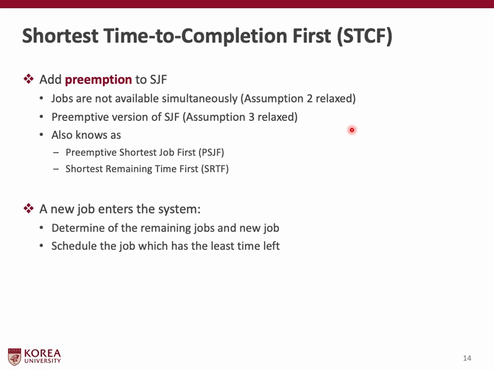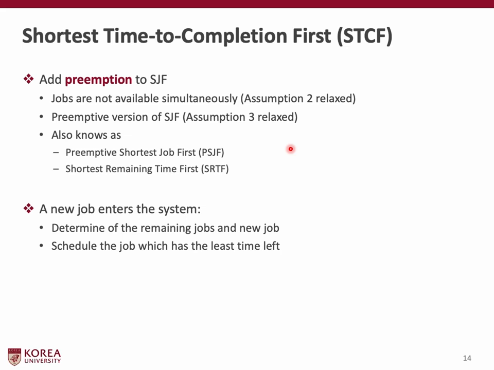The new algorithm is called shortest time to completion first, also called STCF, and it is also known as PSJF or SRTF. Basically, STCF works like SJF, but with one important difference: it allows preemption. So you can consider STCF a preemptive version of SJF.